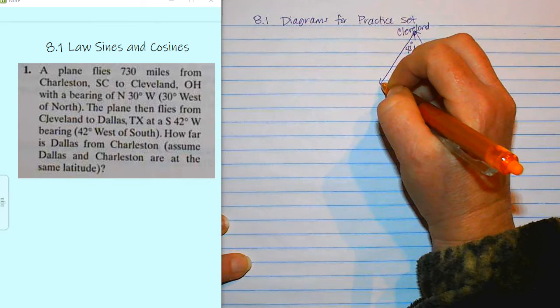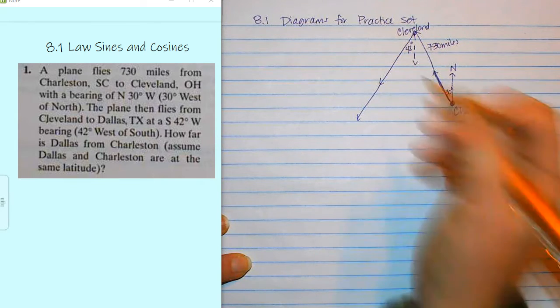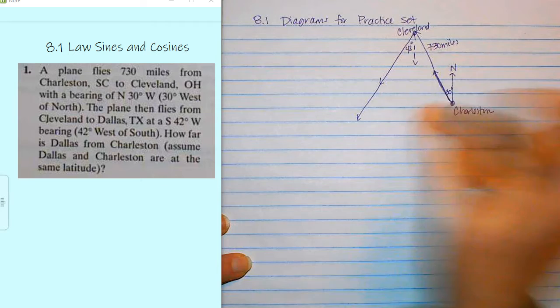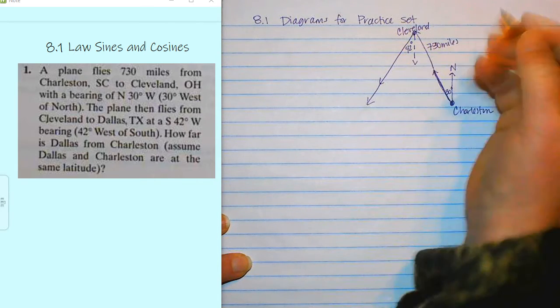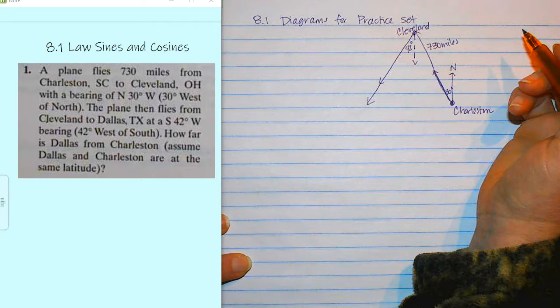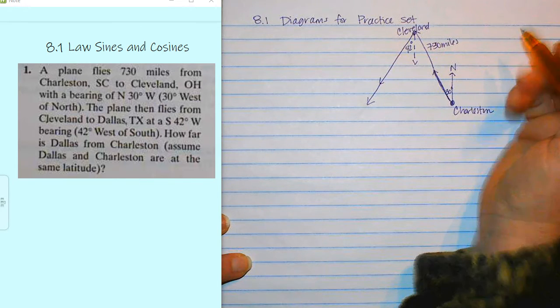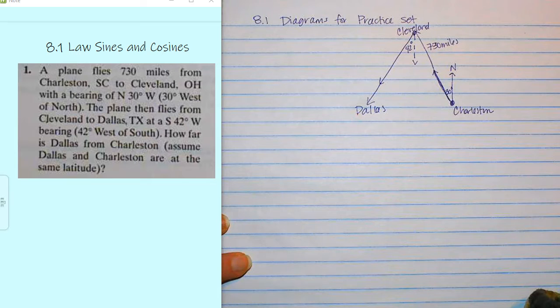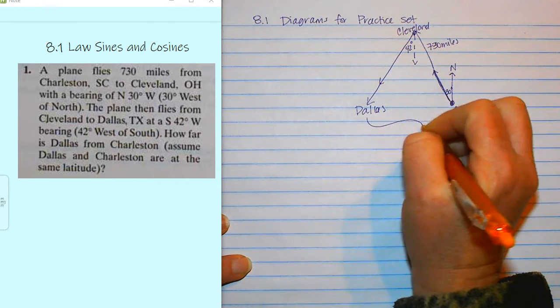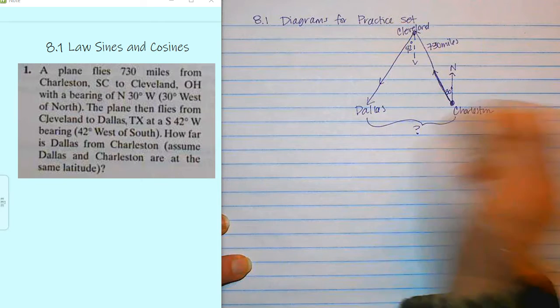And it flies all the way to, oh, it says they're at the same latitude. So it flies how far? It doesn't say. How far is Dallas from Charleston? So this is Dallas, and we want to know this distance, question mark.